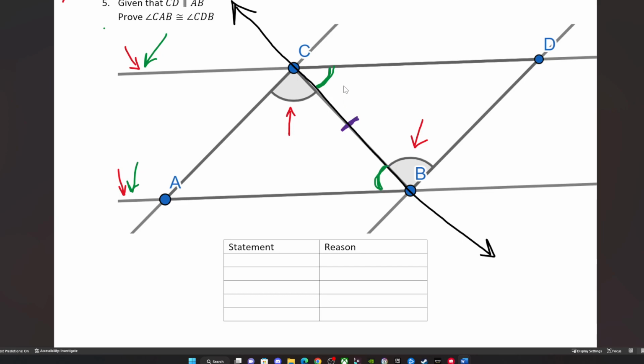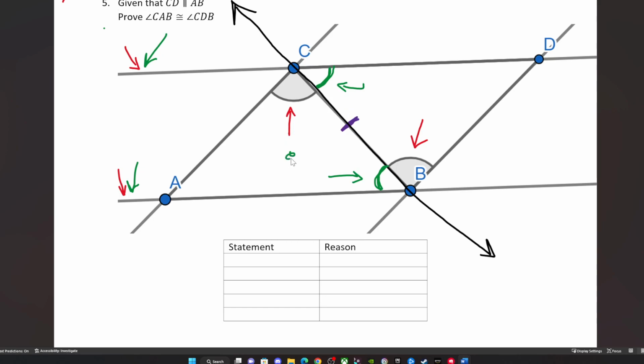So this angle right here, DCB, is congruent to ABC. So these two green angles are the same. And I have to give the reason for why they are the same. The reason is that they are alternate interior angles. If you notice, they are inside. One of them is on the left, and this one is on the right. And so, there you go.